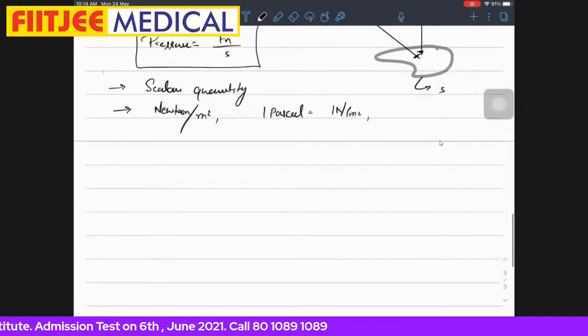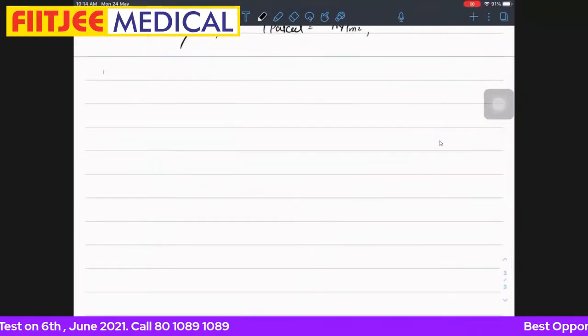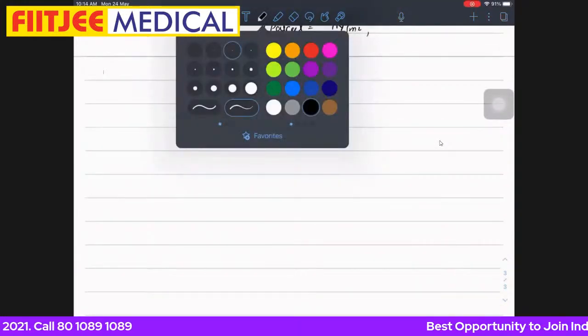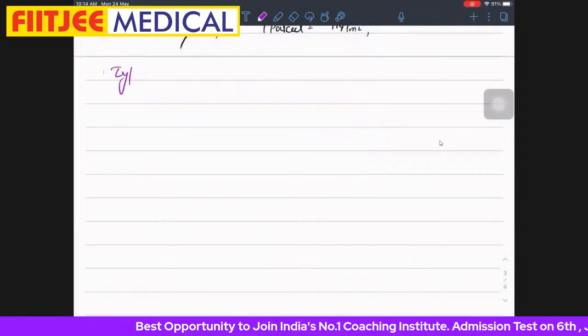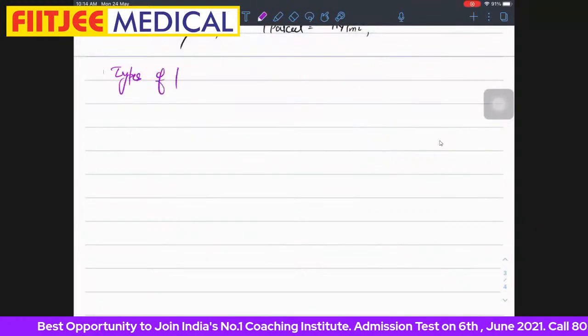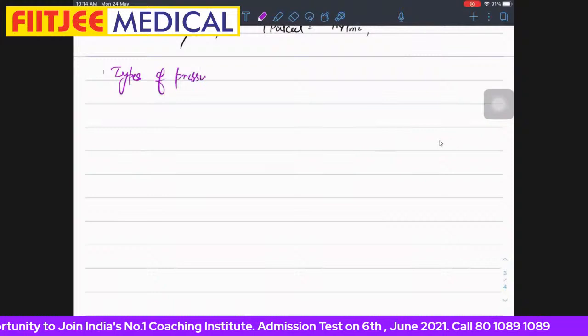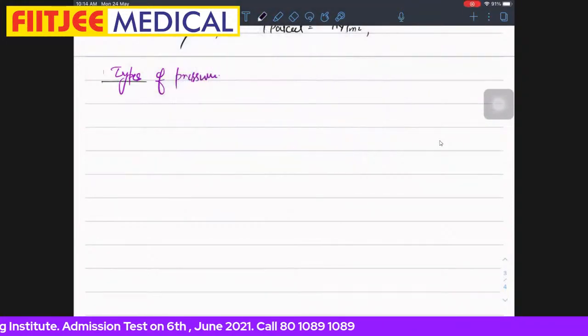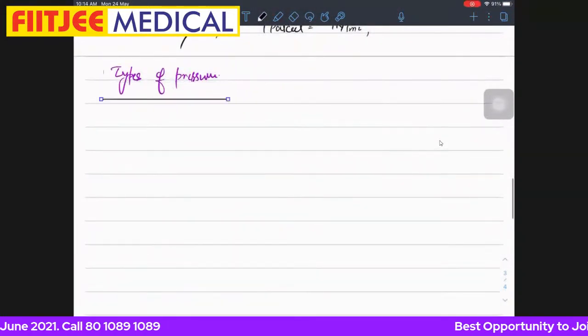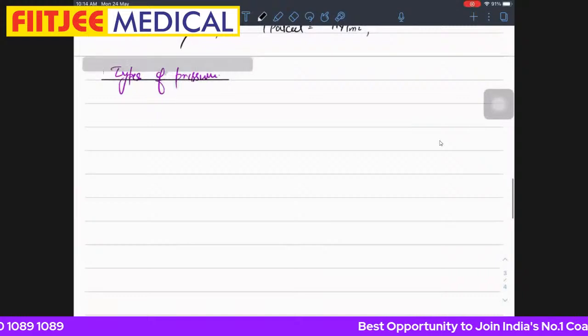Now there are different ways we measure pressure. Types of pressure means the different ways we measure pressure.